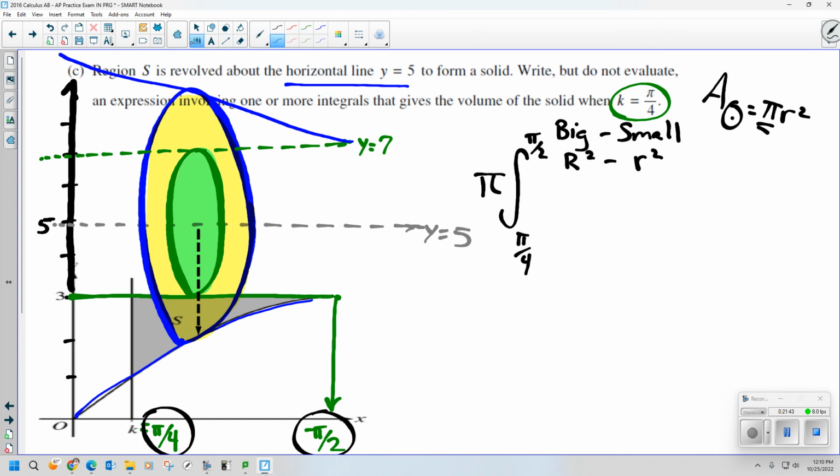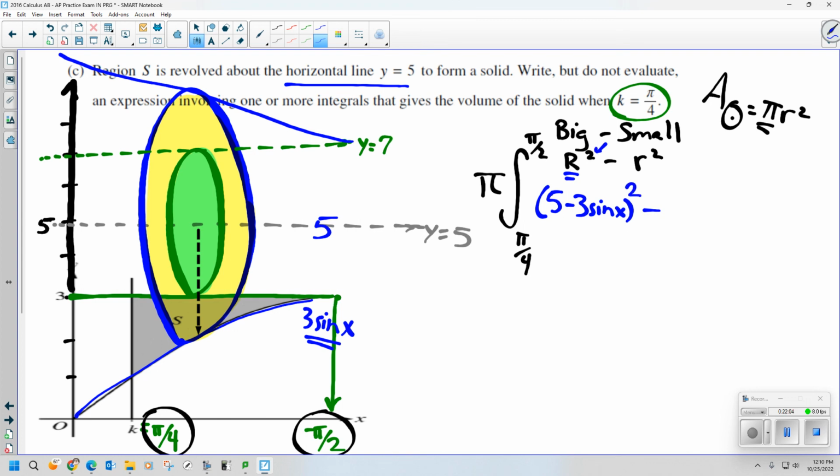The blue line, let's not forget, that was 3 sine of x. So I'm going to take my y equals 5 and take away 3 sine of x. That's the big R. 5 minus 3 sine of x. Don't forget, I need to square that.